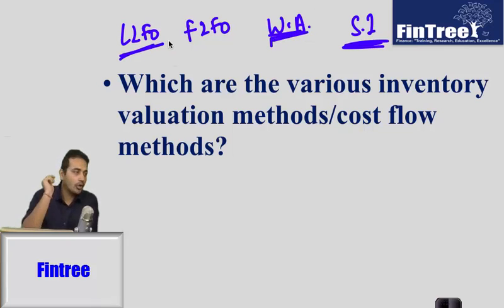How about LIFO? What type of instruments? What type of goods? Food products? Are you saying perishable products? Let us say we did a question on movie rental or maybe CDs, the movie CDs that we sell.